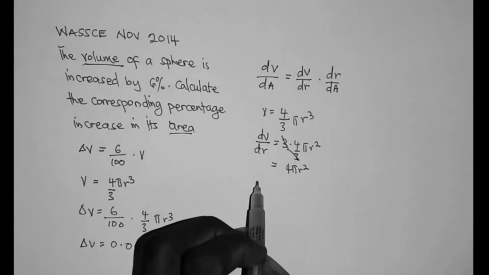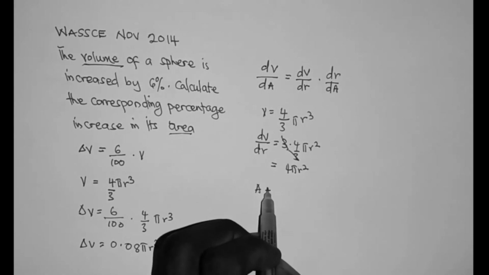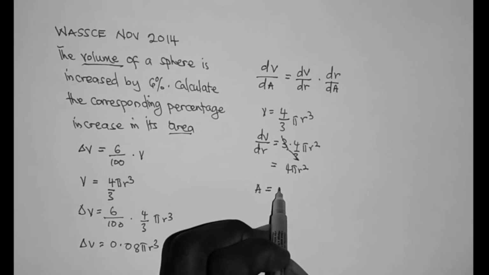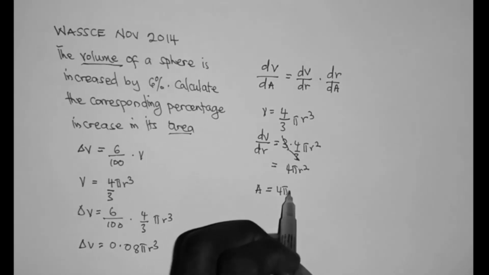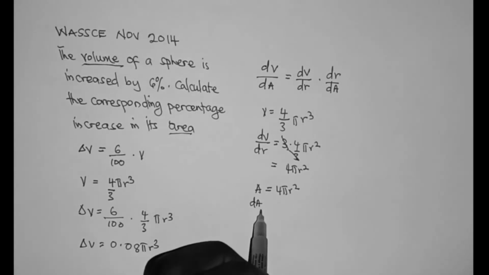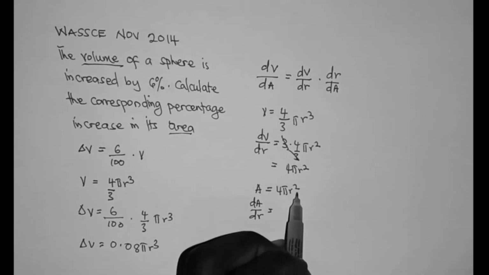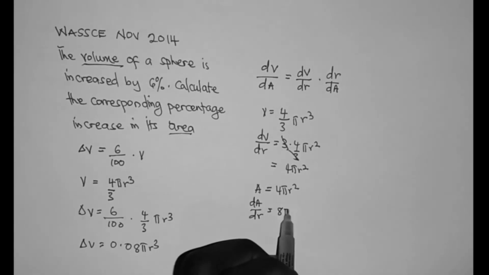Now let's write the formula for the area of a sphere. The area of a sphere is given as 4 pi r squared. So what is dA/dr? It is equal to 8 pi r.